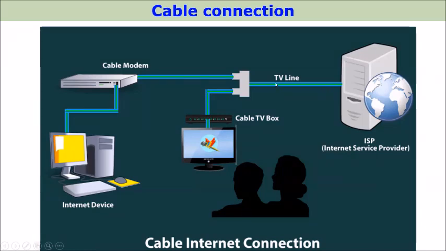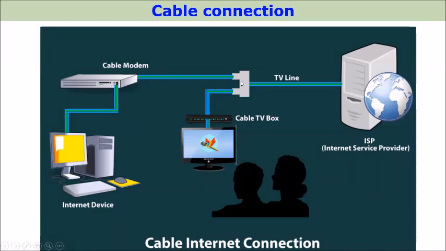First you have a TV line. Then this TV line connects with a separate modem, here the cable TV box. The TV line is connected with this TV box. Then you can get the TV service.